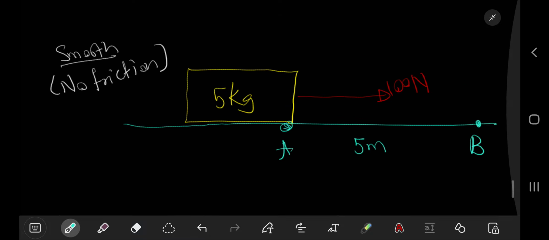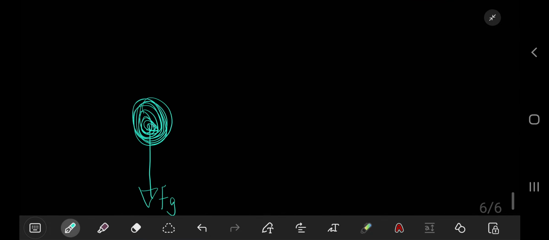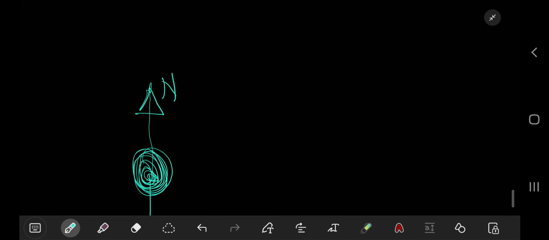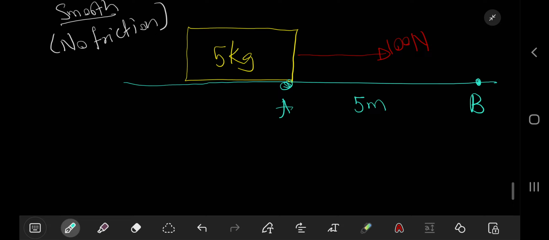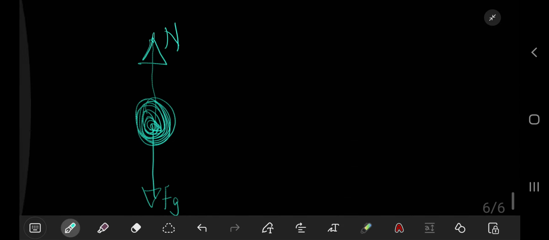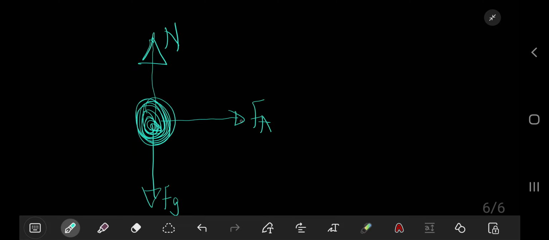It is on a surface, so we have normal force, perpendicular to the surface. Since the surface is horizontal, that is the direction of the normal force. We also have the applied force of 100 newtons, and no friction because the surface is smooth. These are the forces acting on the object.